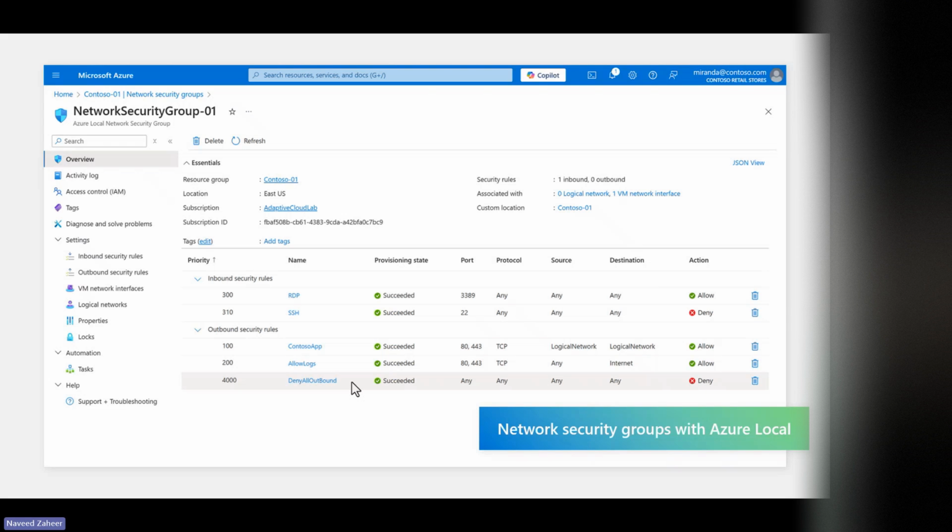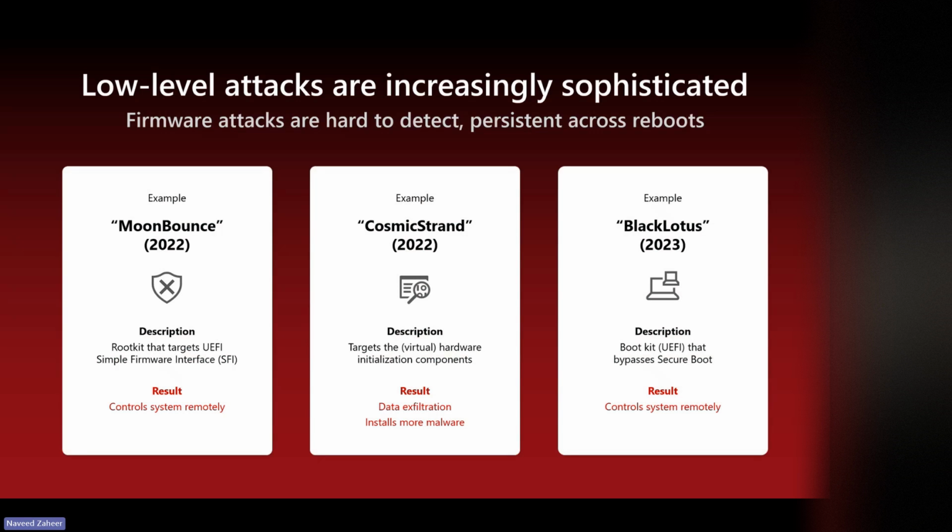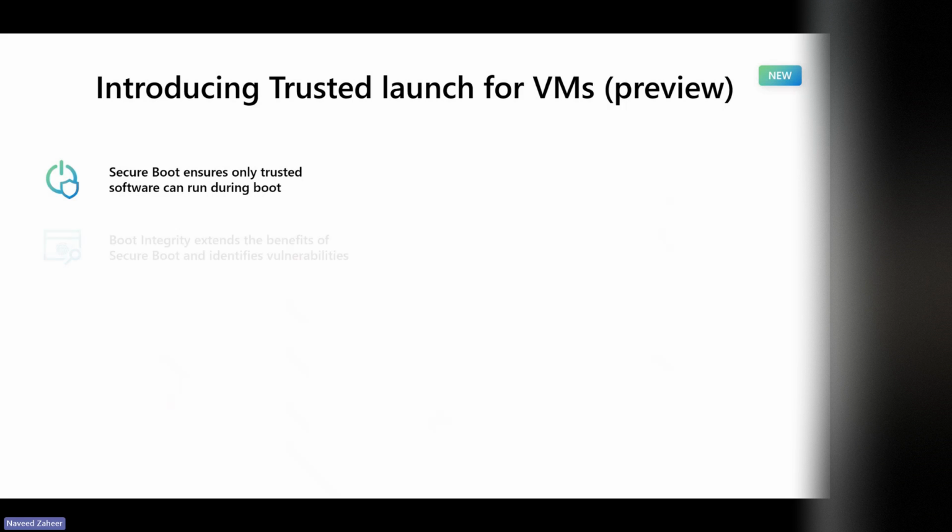As you can see, the NSG is only allowing traffic from logical network A. Once again, this is currently in preview. So that's an example of security end to end.